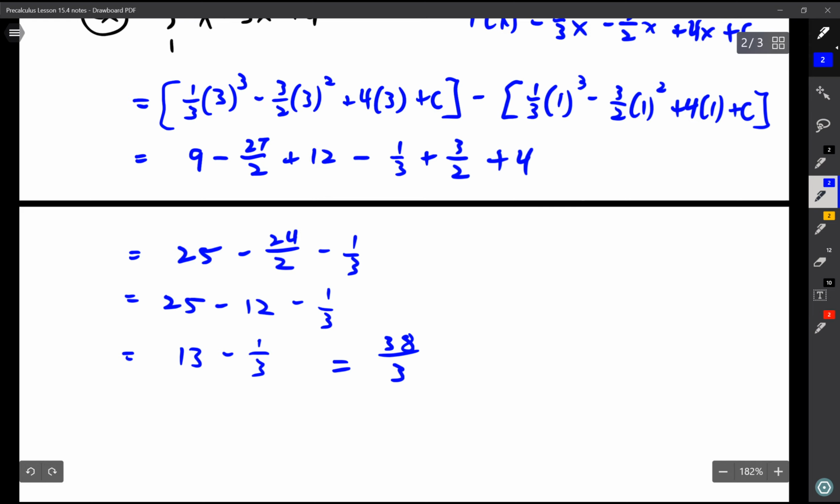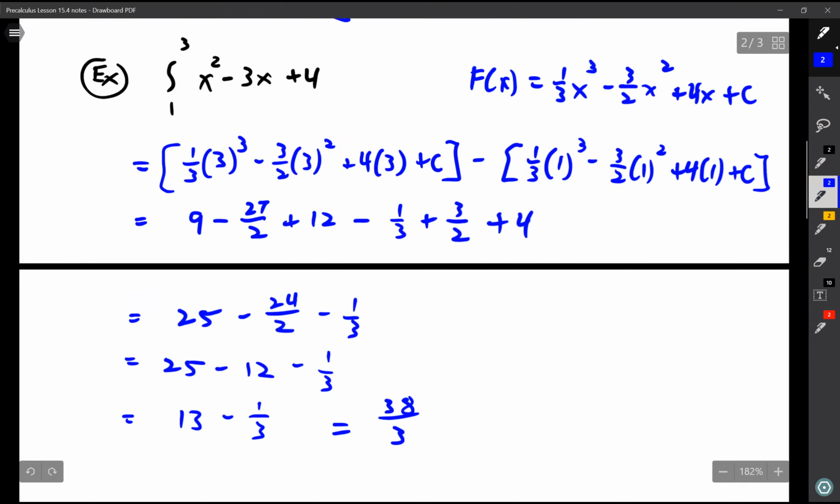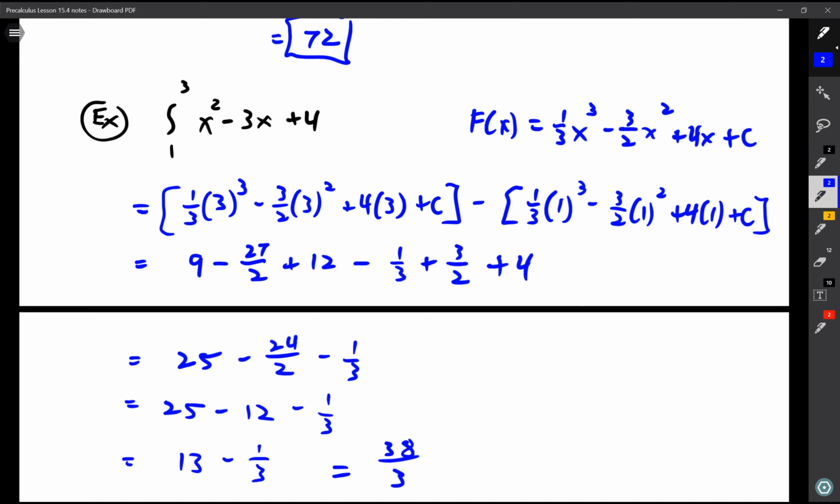What did I do differently? Yep, the original problem was from 1 to 3 of x squared minus 3x plus 4. So we have 1/3 x cubed minus 3/2 x squared plus 4x plus c. Good. 1/3 times 9. Good. 27/2. Good.